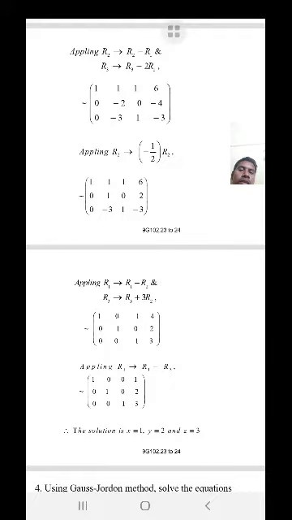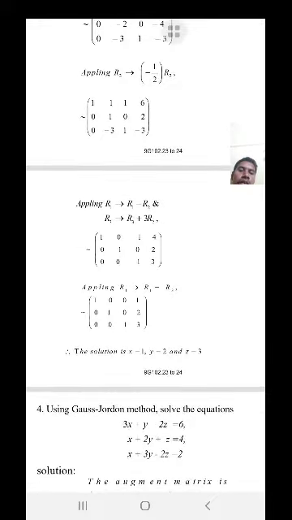Then R2 changes as 0, 1, 0, 2. Next, applying R1 gives R1 minus R2, and R3 gives R3 plus 3R2. Therefore, R1 is 1, 0, 1, 4 and R3 is 0, 0, 1, 3.